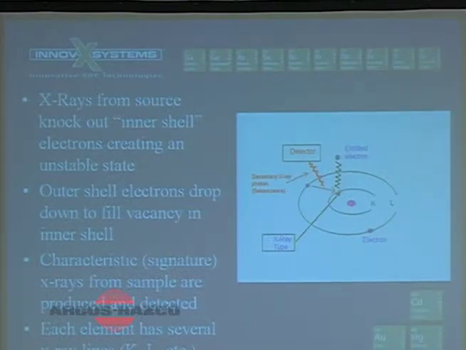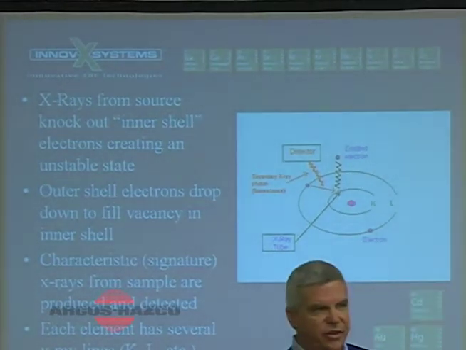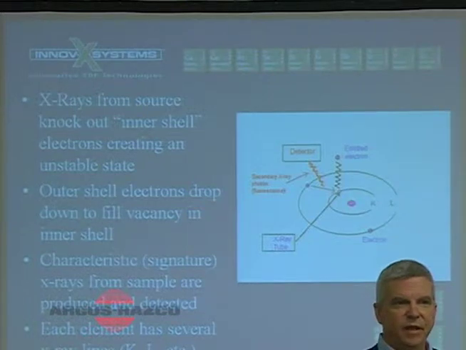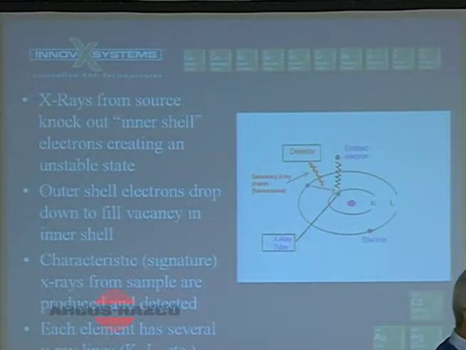So you've got the tube, and it knocks out either a K or L shell electron, the two innermost shells, okay? But why one or the other? Well, it all depends on the binding energy of that electron shell to the nucleus. For instance, remember I mentioned it's a 40 keV tube.